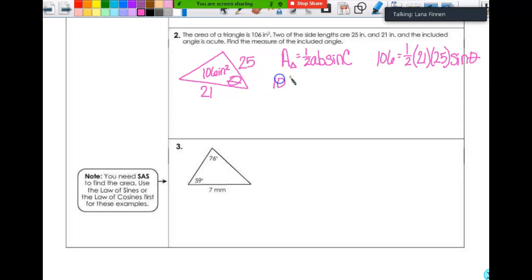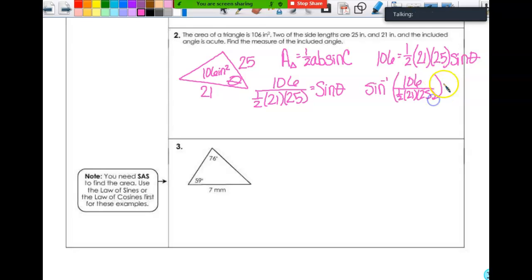So I'll get 106 divided by 1/2 times 21 times 25 equals the sine of theta. I don't want the sine of theta, I want theta, so what do I do? Not the reciprocal, but the inverse, yeah. Sine inverse of 106 over 1/2 times 21 times 25 equals theta.